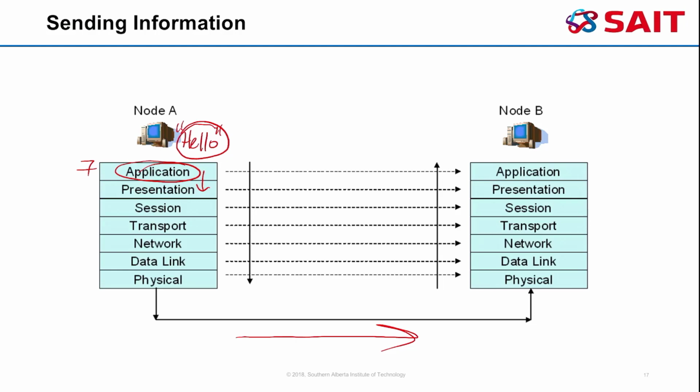Now this hello message is packaged by the application layer with all the appropriate additional what's called overhead, or ones and zeros, corresponding to the application layer protocol, and then passed on to the presentation layer. Now it's at layer 6.